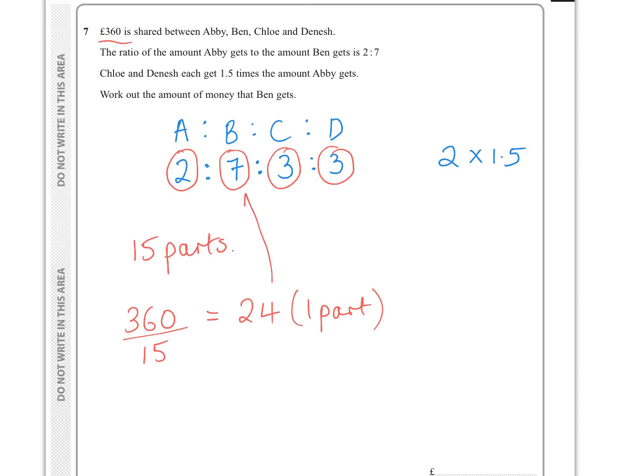So if we want to work out how much Ben gets, then yes, we do 24 times 7. And that's going to be £168. I'll just check on my calculator. Yep, £168.